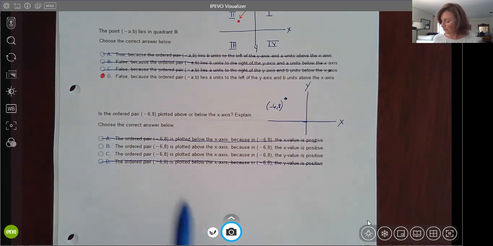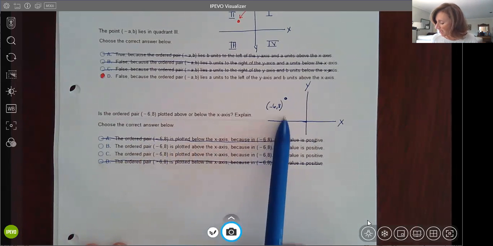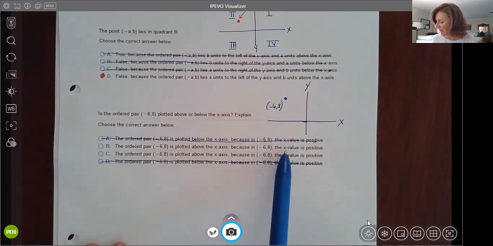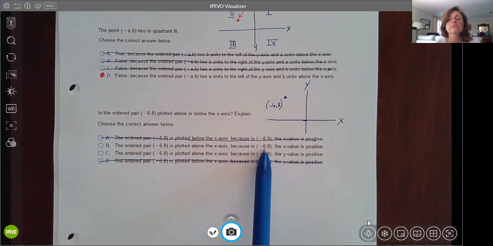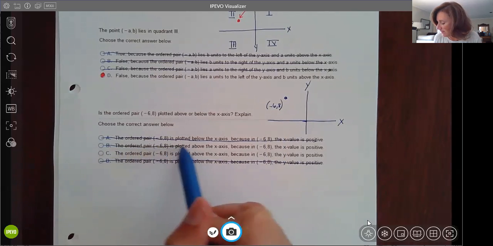All right, so which one is true? The ordered pair, -6, 8, is plotted above the x-axis because in -6, 8, the x value is positive. Is that true? No, the x value is negative, right? It goes x, y. Nope, that's not the reason why.